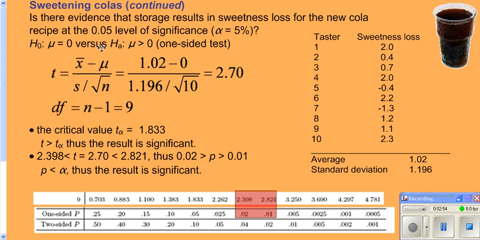That's our null hypothesis, and that's what we had said before, over our standard deviation, which was 1.196, over the square root of our n, which is our sample size. We type the top in, we type the bottom in, we divide the two, and we get a 2.7.